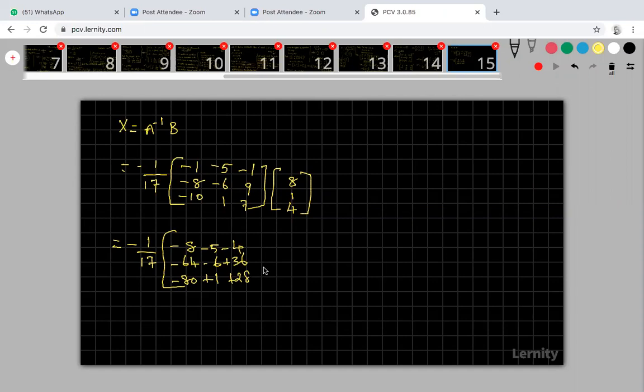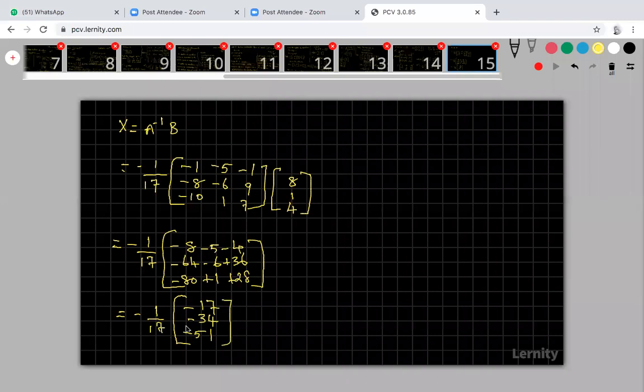So this is -1/17 into -8, -5, -13, -4, that is -17. This is -64, -6, -70, plus 36, therefore -34. This is -80, and this is plus 29. So therefore, the answer is -51.